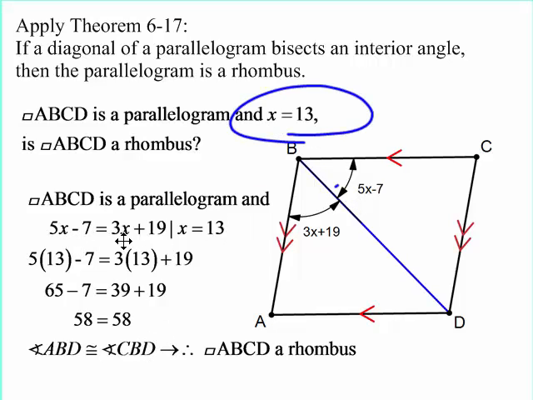So if you set those two expressions equal to each other, substitute in the value of 13 for the two x's, and work out the arithmetic. And when you find out that it ends up as 58 is equal to 58, then you know that this angle here is congruent to that angle there, and since we started out with a parallelogram, and the diagonal bisected that interior angle, then you know it's got to be a rhombus. Yay! Next problem.